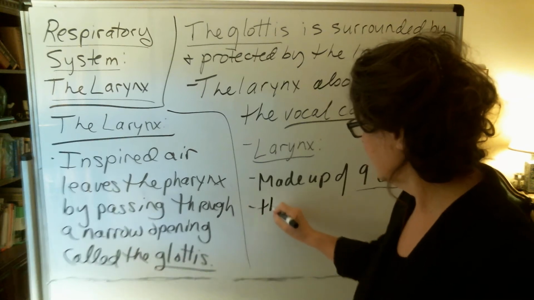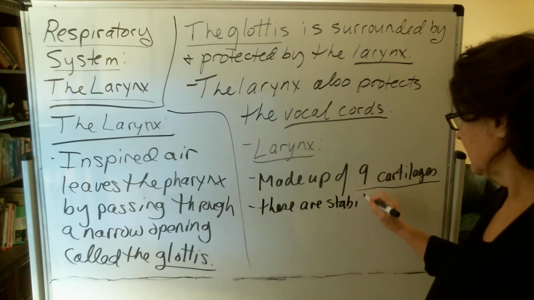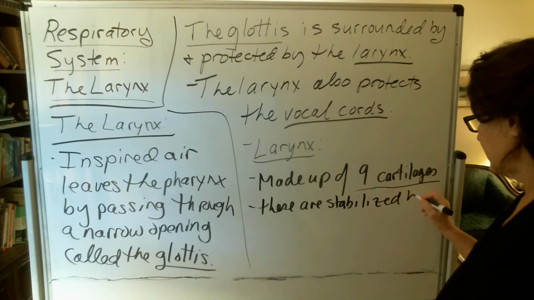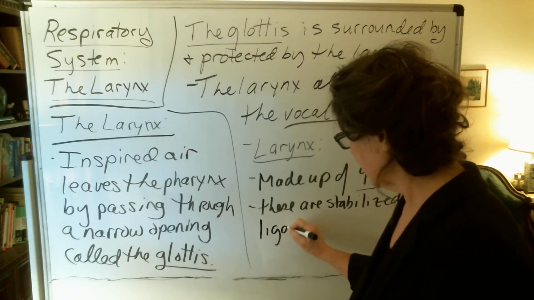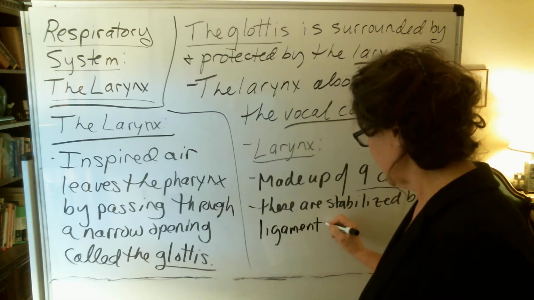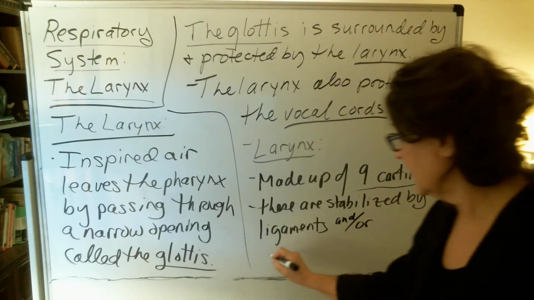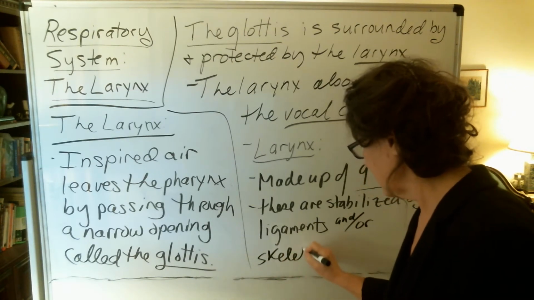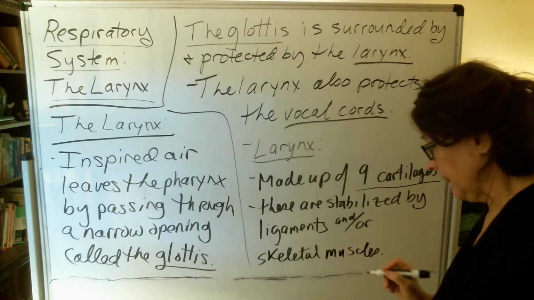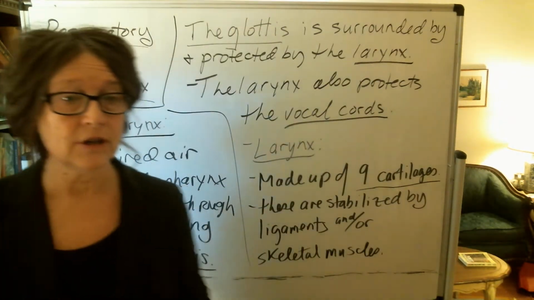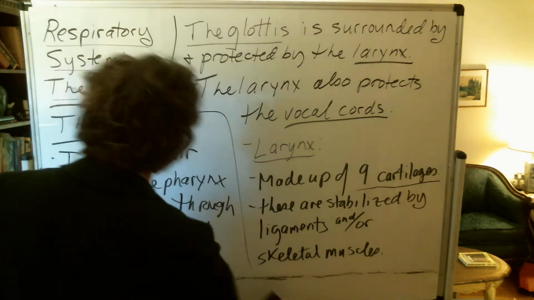And these are stabilized by ligaments and/or skeletal muscles. So you have, as I said, this sort of cartilage contraption then that is being held together by these other things.